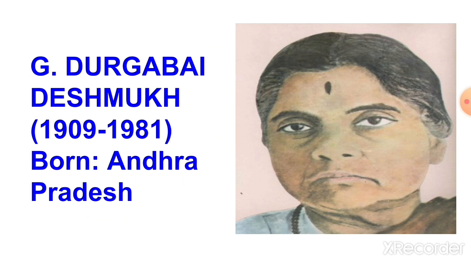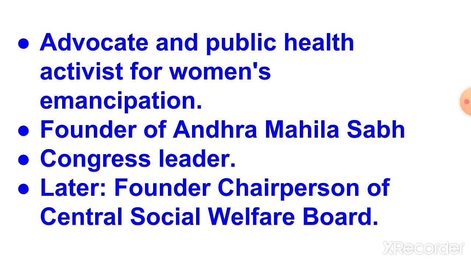G. Durgabai Deshmukh. She was born in the year 1909. She died in the year 1981. She was born in Andhra Pradesh. She was an advocate and also public activist for women's emancipation.